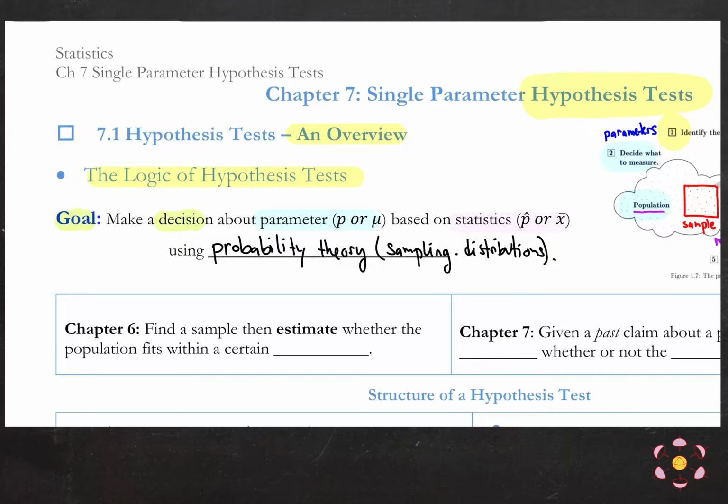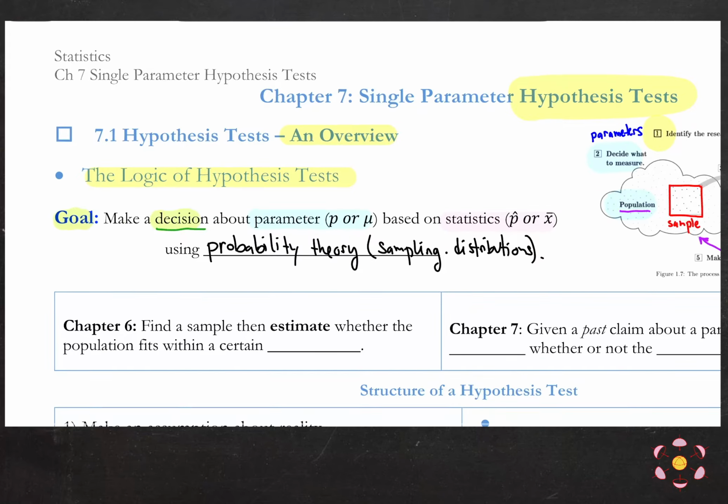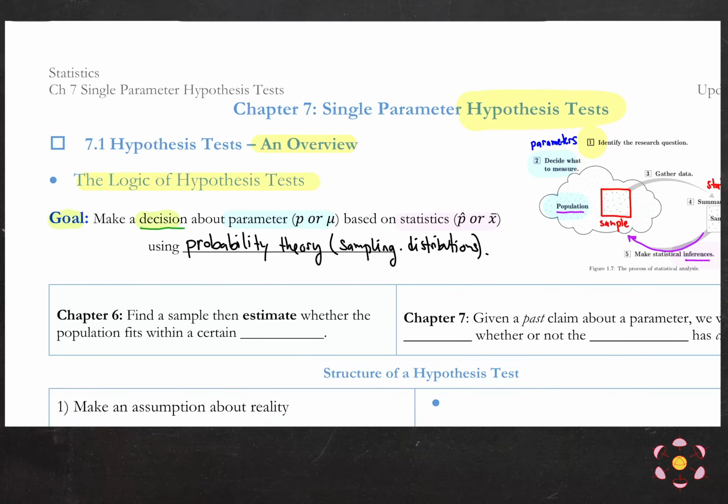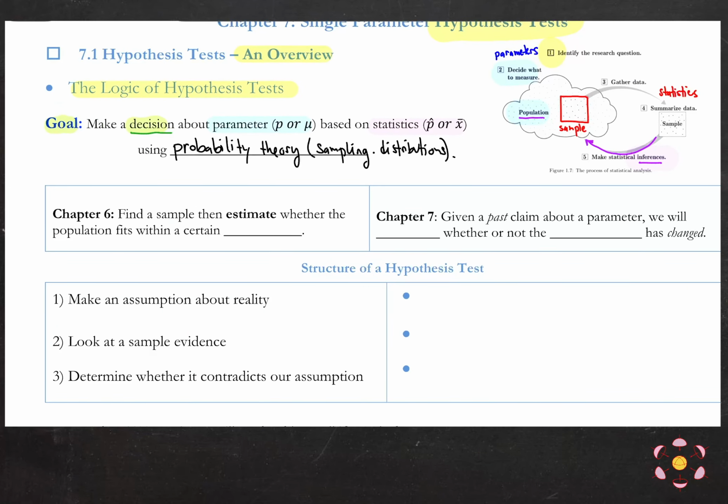The key word that I underlined in our goal is to make a decision. So let's compare the two different types of inferences in chapter 7, which is what we're going to learn now, compared to what we just came from in chapter 6. In chapter 6, our goal was to estimate whether a population parameter fits within a certain interval.